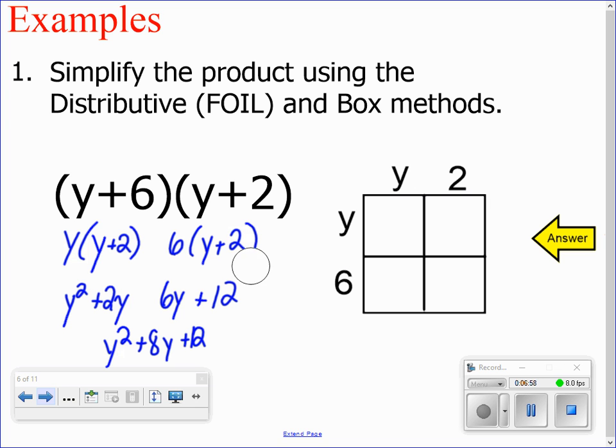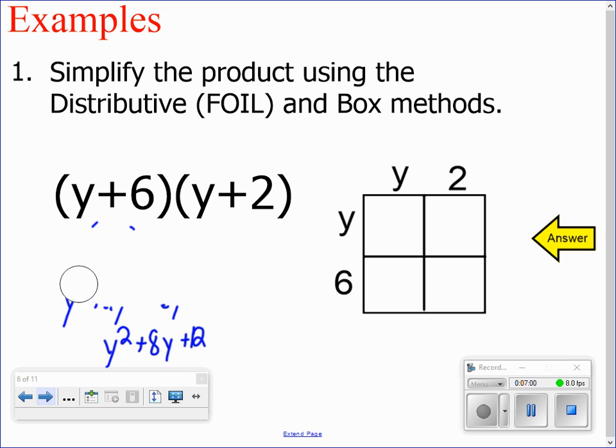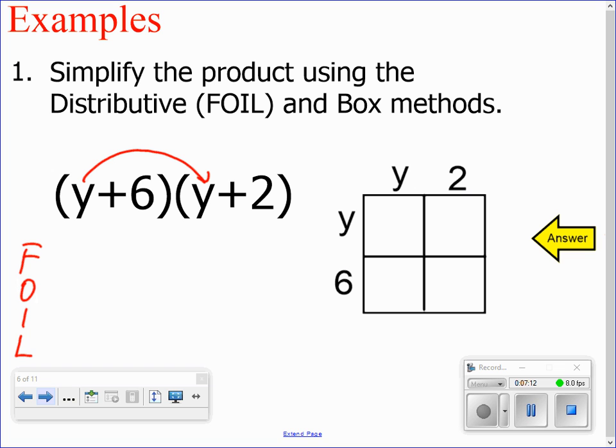Now if we do FOIL, FOIL would just say, remember, first, outside, inside, and last. So first would be taking y times y, getting y squared. Outsides would be taking y and 2 and getting 2y.